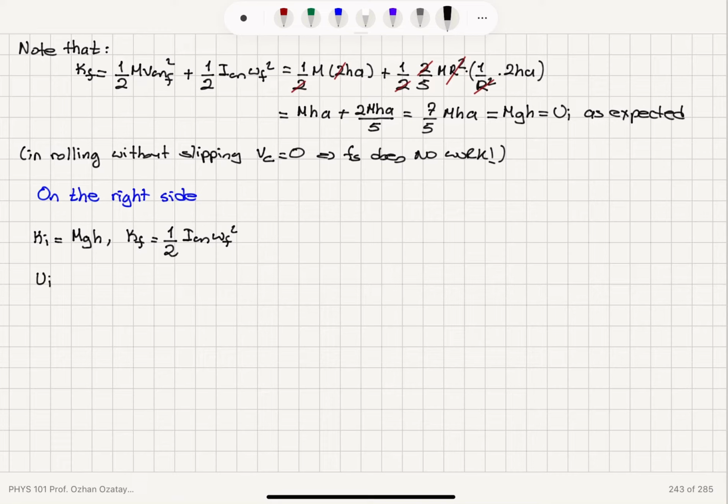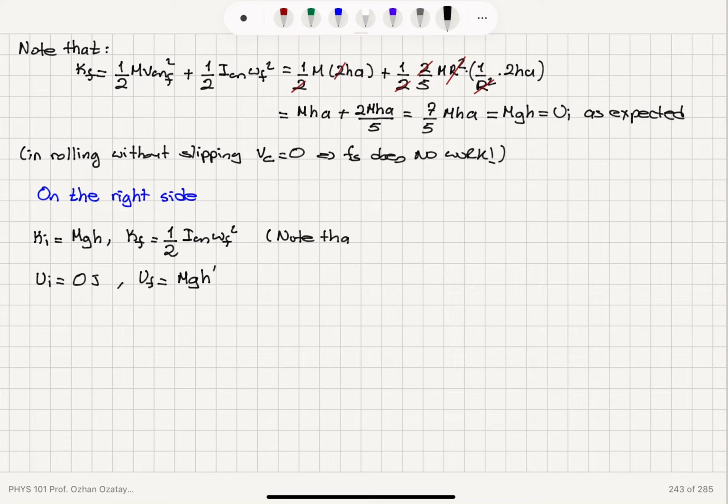Initial potential energy is 0 joules. The final potential energy will be equal to mgh prime. So what happens on the right hand side when we have no friction?